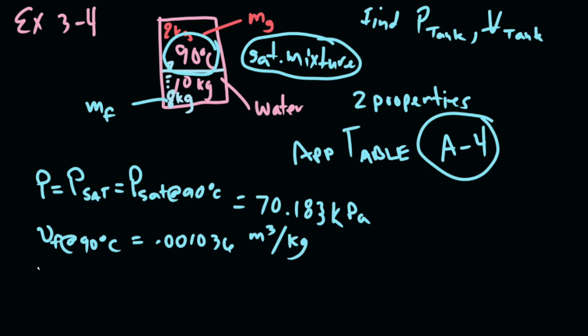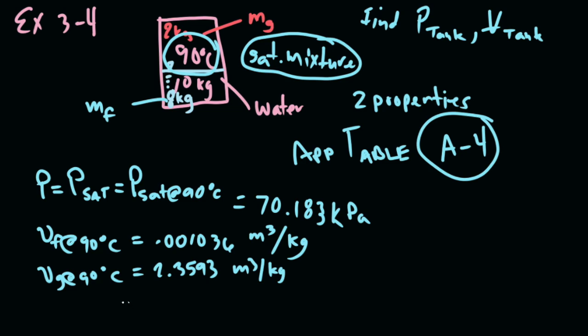We're also going to need the specific volume of the vapor at 90 degrees C, equal to 2.3593, another table lookup, meters cubed per kilogram.